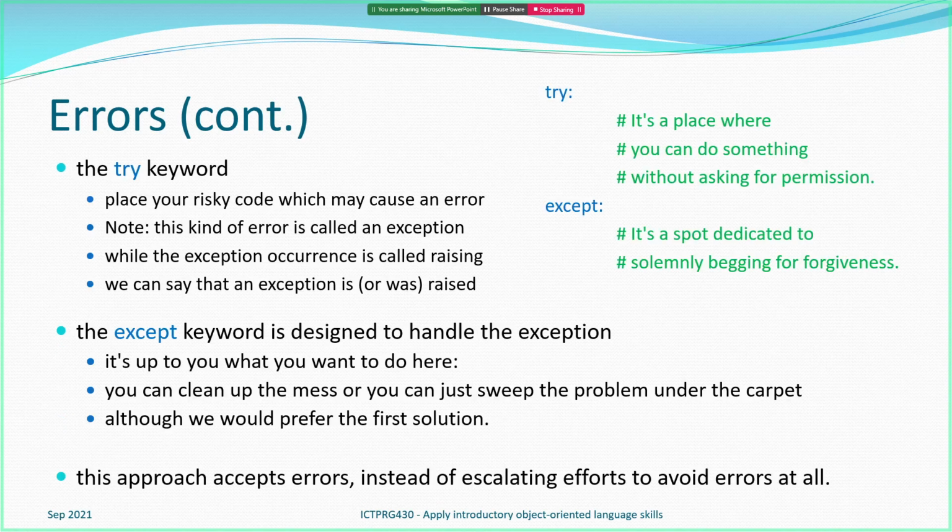So what we need to do is work out a way that we can try something to see if it works, and then maybe have an alternative. So what we can do is break it up.